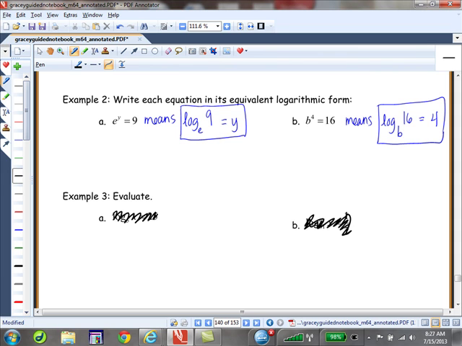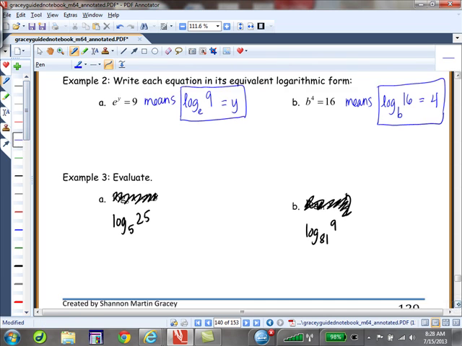So the new problems will be log base 5 of 25, and over here log base 81 of 9.